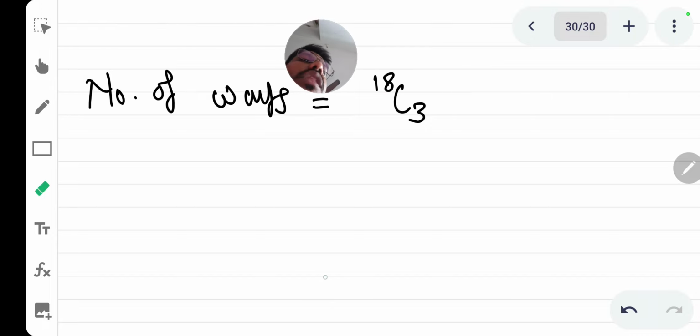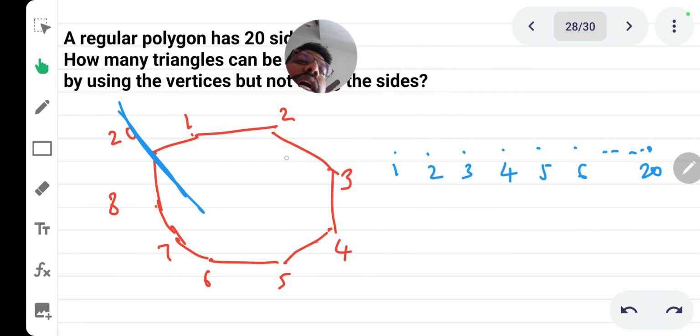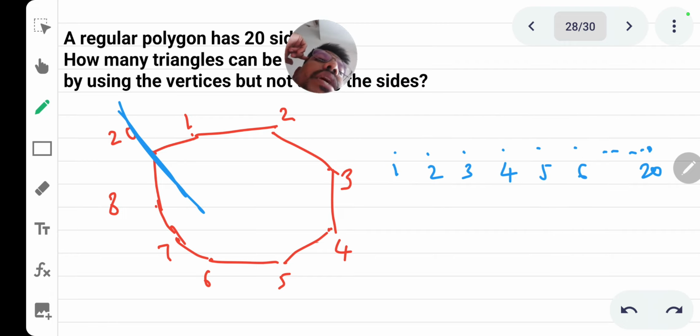Definitely not. 18C3 is not the correct answer, because we had a circular figure, right? This is a closed figure, but we considered a linear figure. So that way it will be a problematic thing because we changed the figure. But the problem is over here where we cut the figure. We cut the figure at the point number 20.